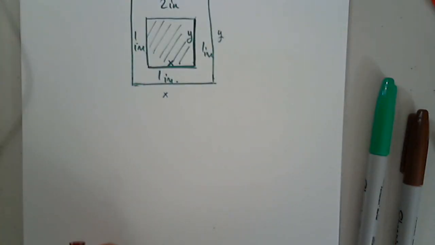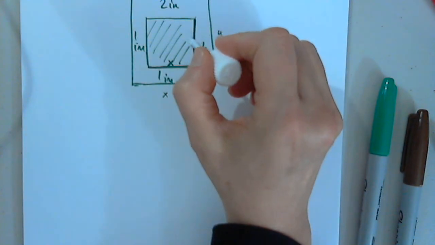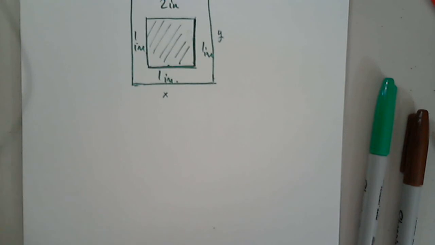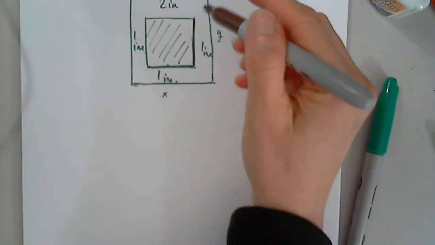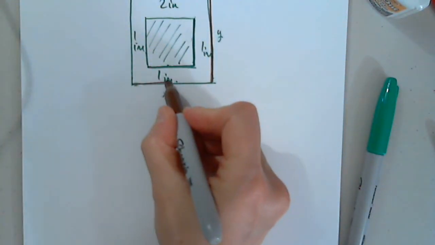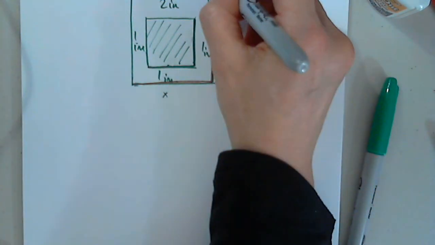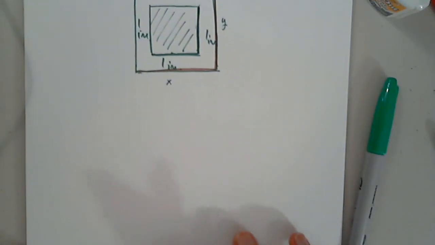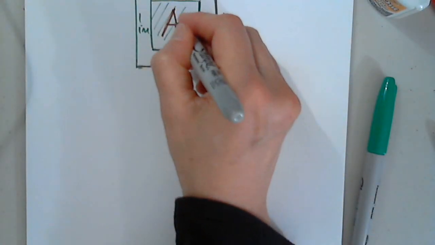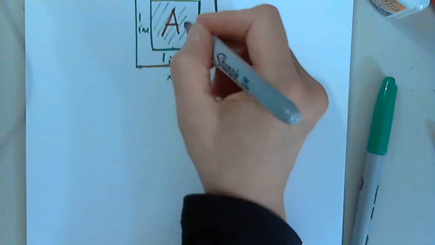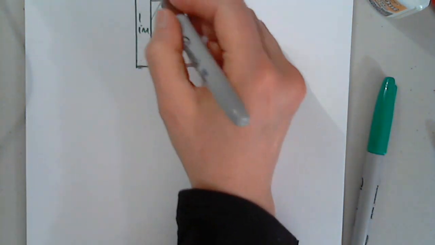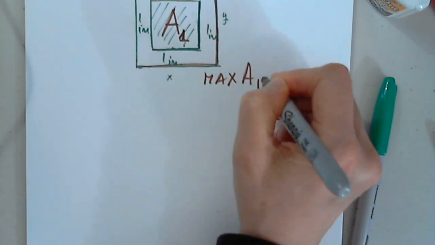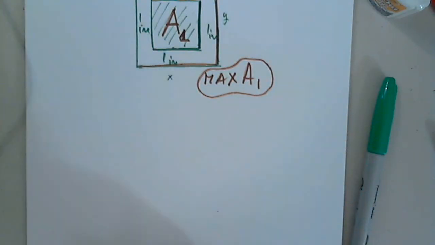Okay. So if we denote X and Y as the longest side, width and length, then I know that X times Y equals 180. But I'm interested in discussing this area. I'm going to call it A1, not to be confused with that. So we want to maximize A1. This is our target.